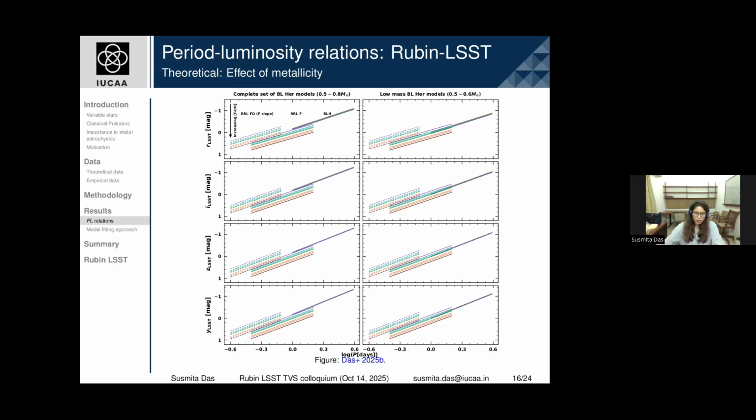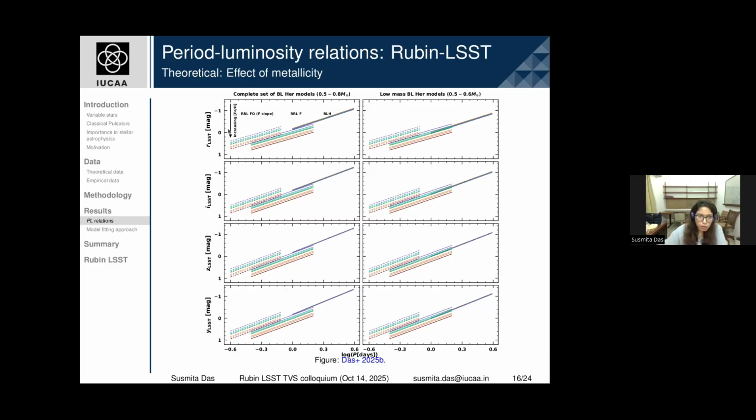On the X axis, we have log P. On the Y axis, we have the different absolute magnitude Rubin-LSST bands: R, I, Z, and Y. Like I mentioned, in the study we considered BL Her models with masses higher than what is typically considered for BL Her stars. So we include both categories, the complete set as well as the low mass set.